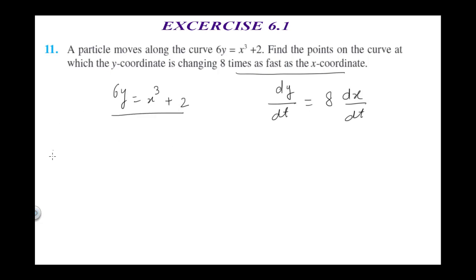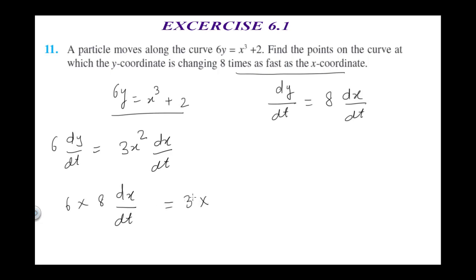Let us differentiate this equation. 6 dy/dt equals 3x square dx/dt. Differentiation of 2 with respect to t will be 0 because it is a constant number. Let us write in place of dy/dt, 8 dx/dt. 6 into 8 dx/dt equals 3 into, what is the value of x?